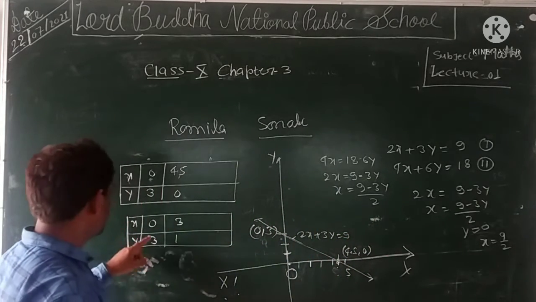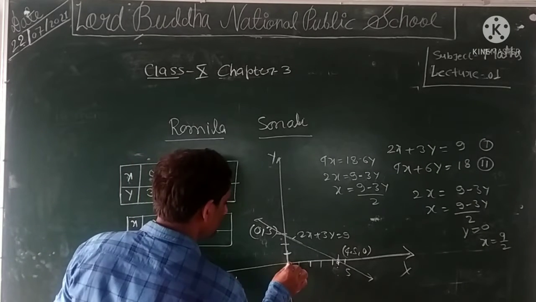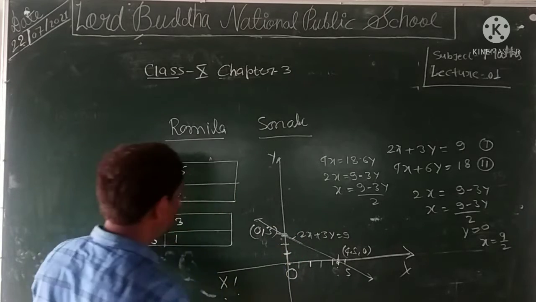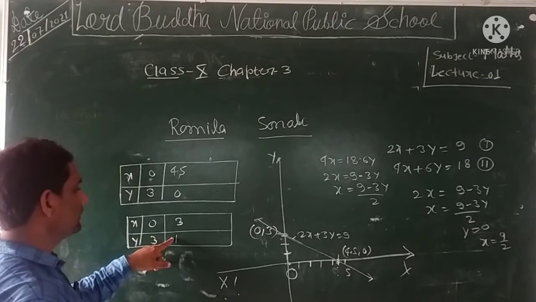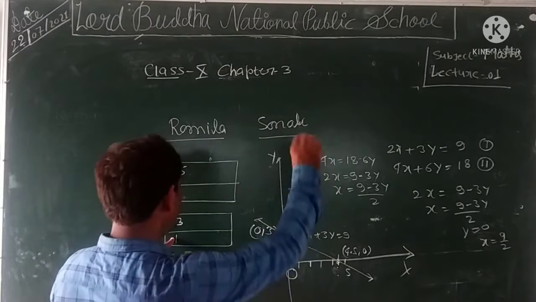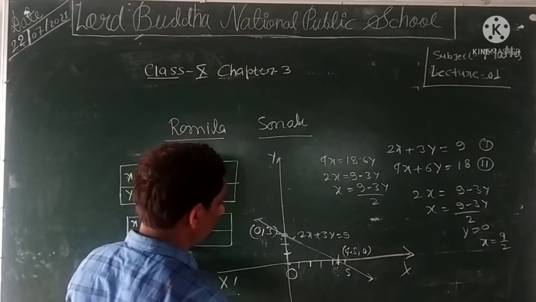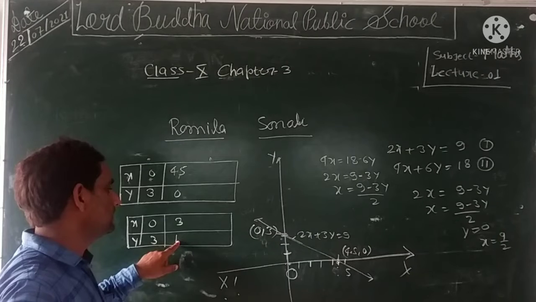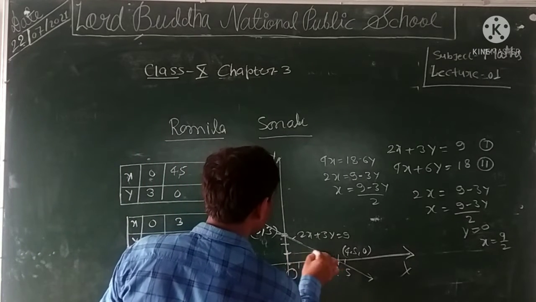First we select the condition 0, 3: 0 on the x-axis, 3 on the y-axis. Now the second one is 3, 1, which means at the y-axis 1 and x-axis 3. So we see 1, 2, 3, here 3 and here 1.